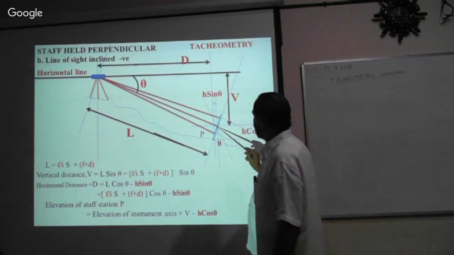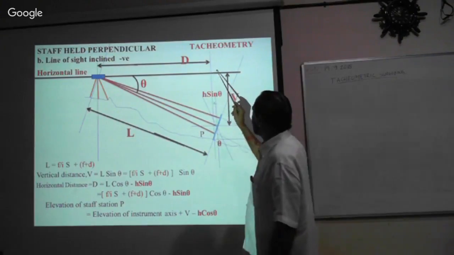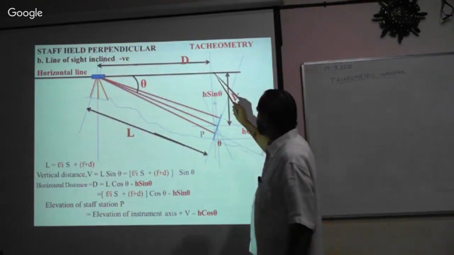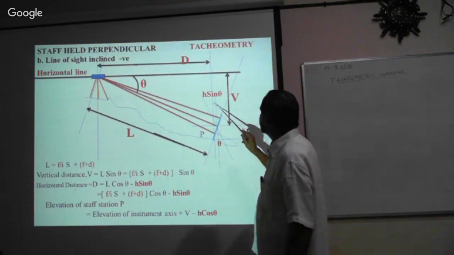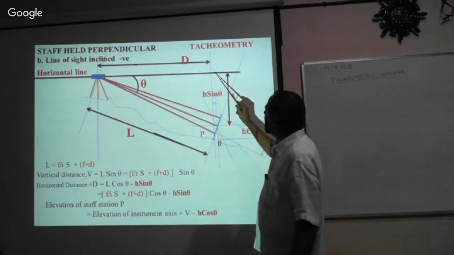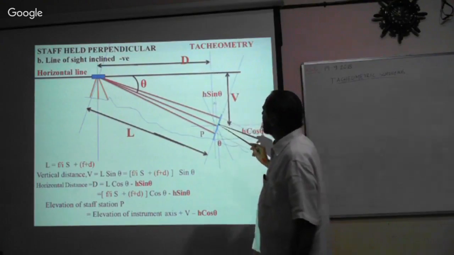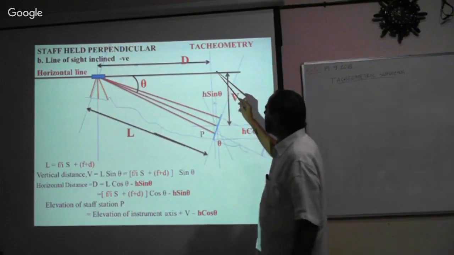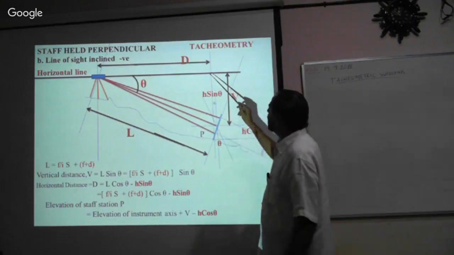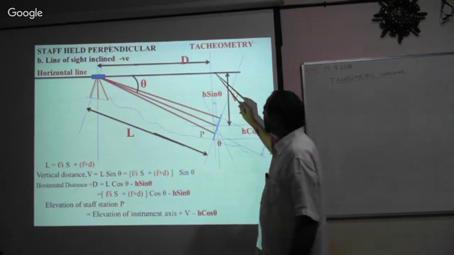After computing L, consider this triangle. From this triangle, we get the value up to here.